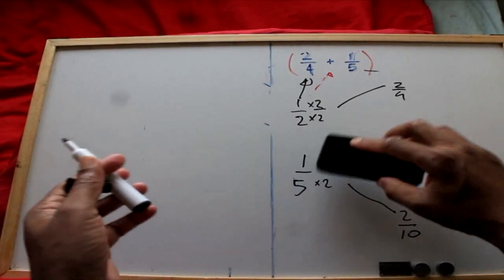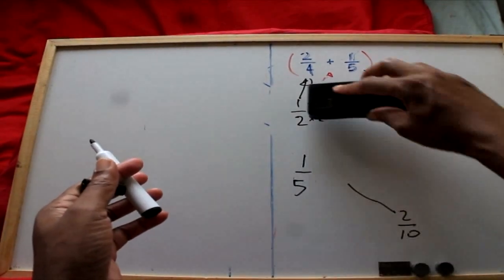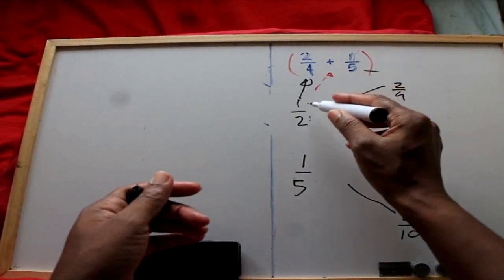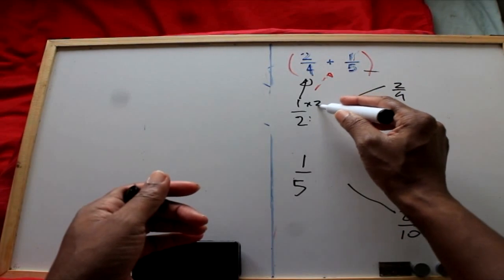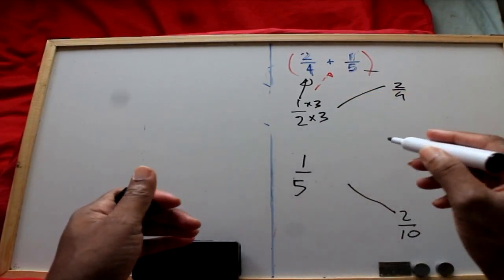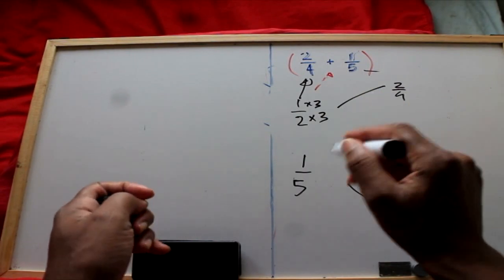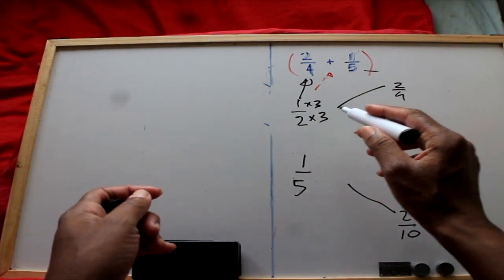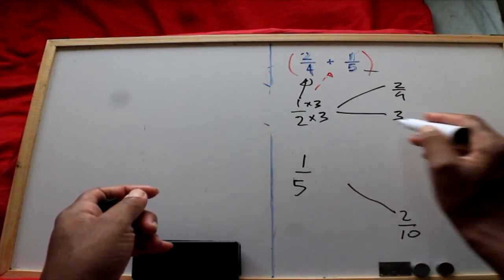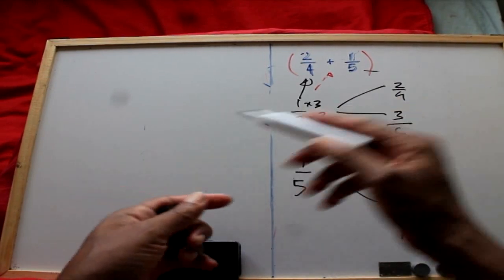Alright, let's try and multiply them by something else. Times 3. Remember, when you're doing equivalent fractions, you have to multiply top and bottom by whichever number you're choosing. 1 times 3 is 3, 2 times 3 is 6.